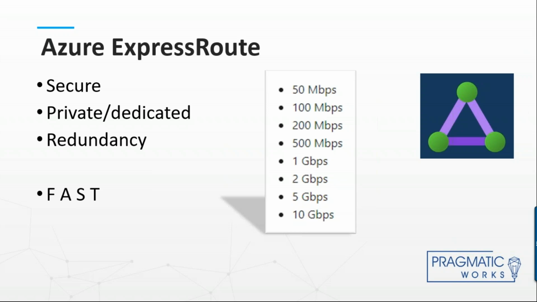So that's another reason we would want to consider using ExpressRoute. And again, if I use AZ copy to move data from my on-premises environment, and I have that configured to use ExpressRoute, I can expect to get those speeds that I've listed here as long as I've provisioned my ExpressRoute accordingly.